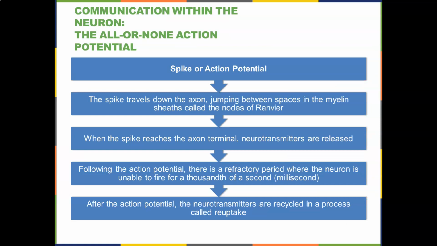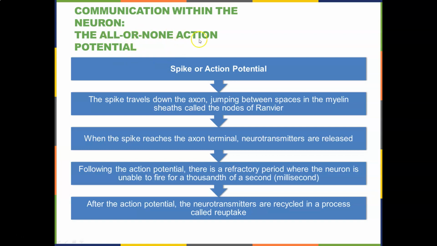Okay, what's important to understand here, and definitely pause this and look at each of these, is this term right here, the all or none action potential. Excuse me, I said nothing, but it's actually none.